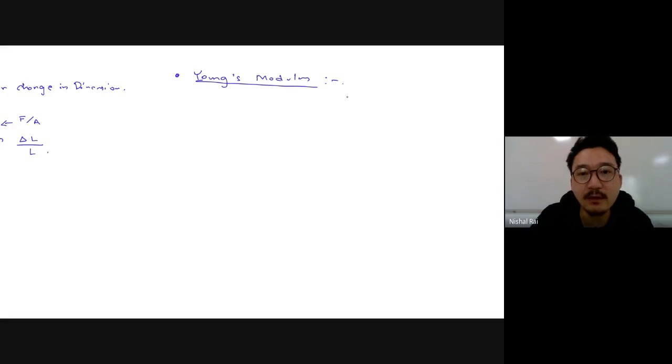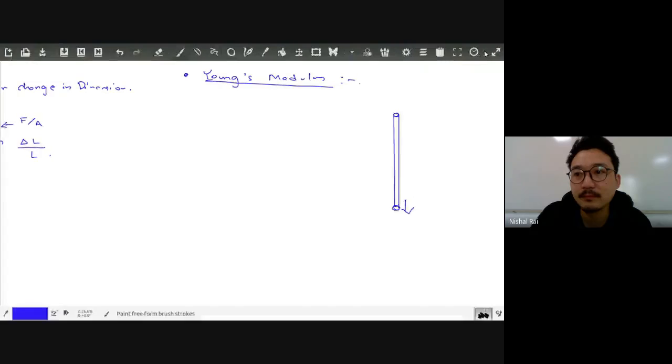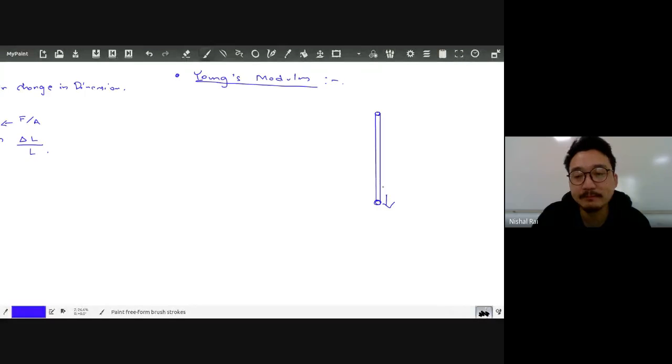Now, if you consider a very long wire, let's consider this as a very long wire. Are you able to see this? Or should I make it slightly larger? It's okay, sir, it's fine. Now if we apply a certain amount of force over here, then what will happen?